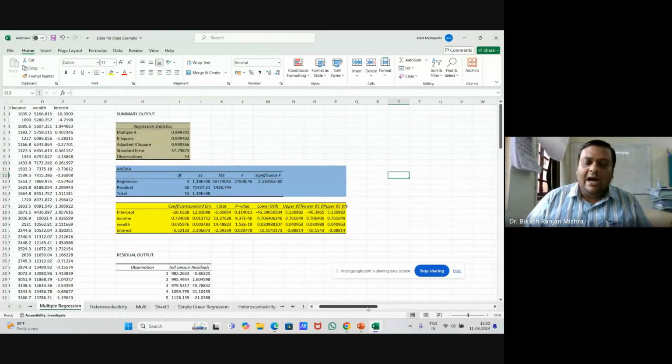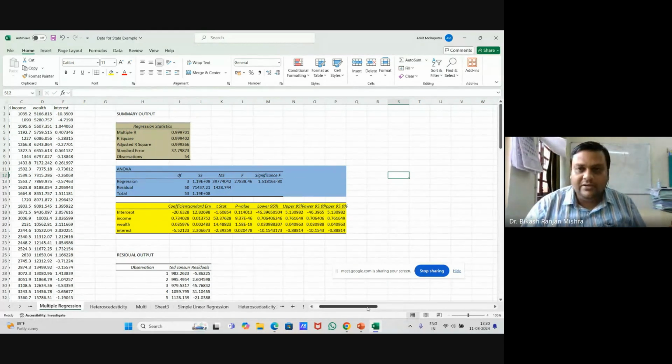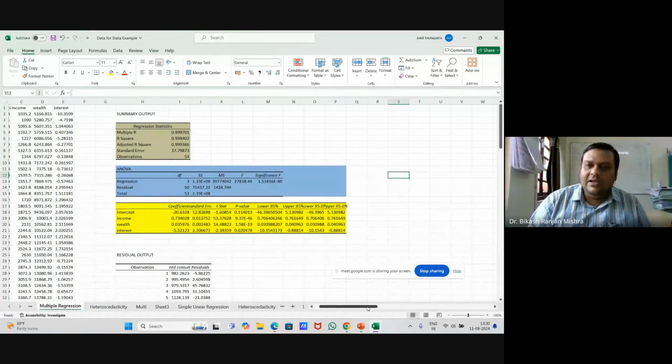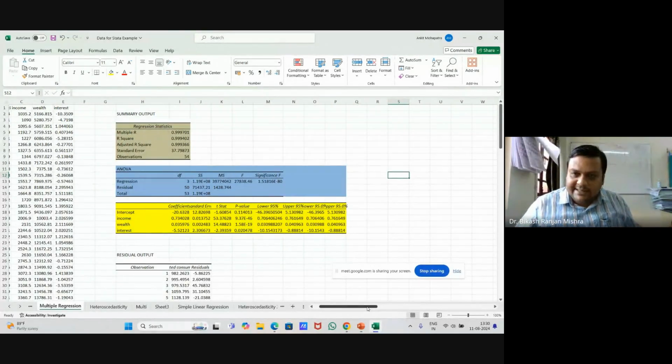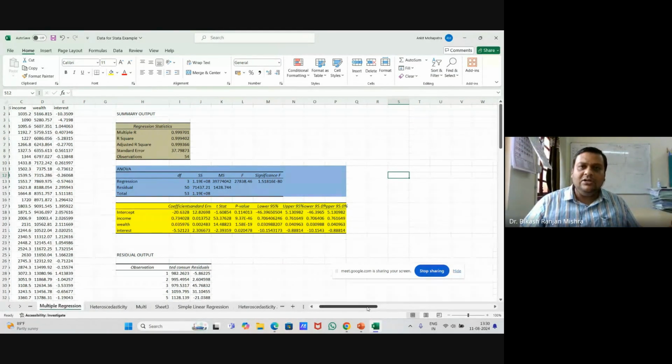In advanced versions or advanced add-ins, VIF and other procedures are just a matter of a click, and in other software also it is easy. But because we are doing it in Excel without any extra add-ins, we have to rely on the normal procedures known to us.